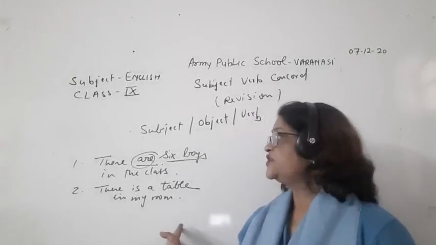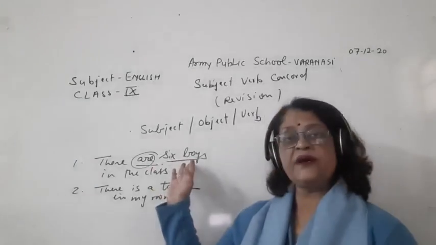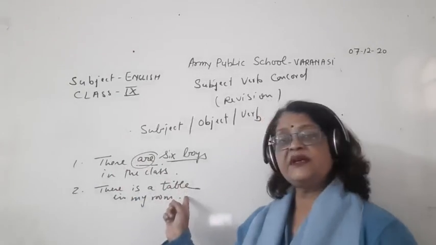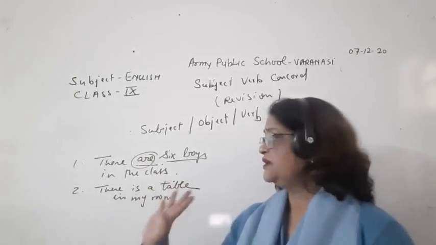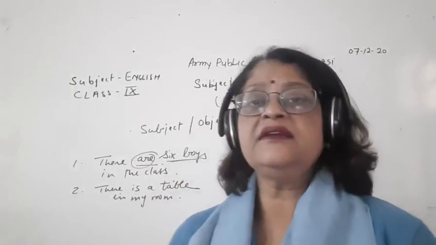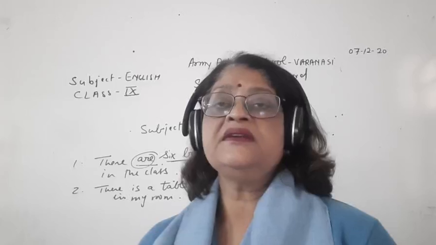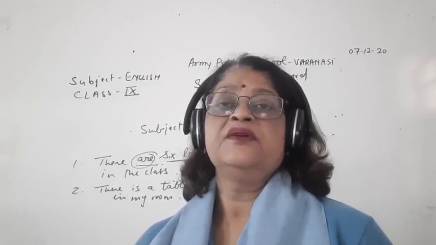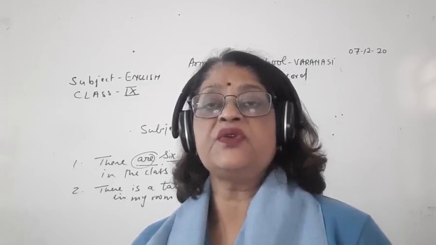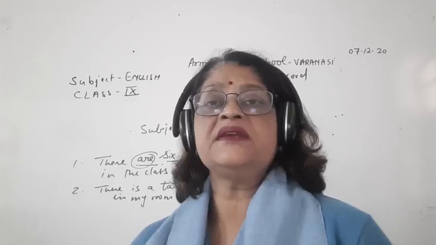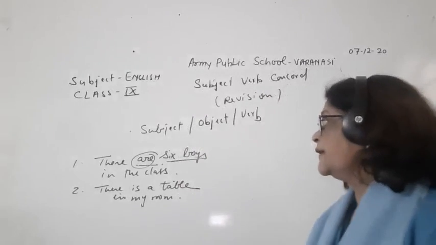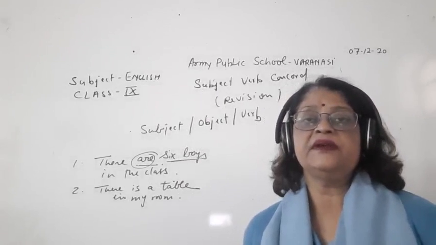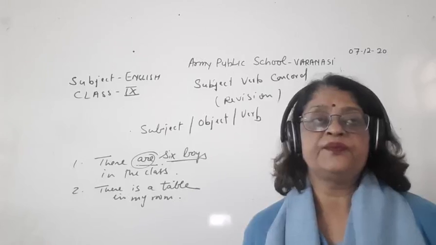If it is followed by a plural noun, then the verb will be plural. If it is followed by a singular noun, then the verb will be singular. Like in the second case, there is a table, because only one table is there. There is a table in my room.